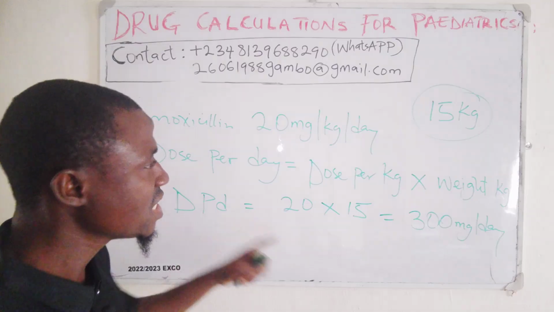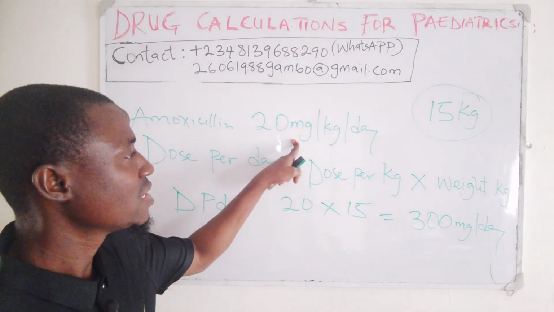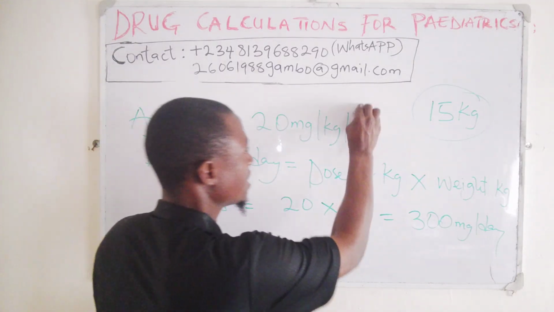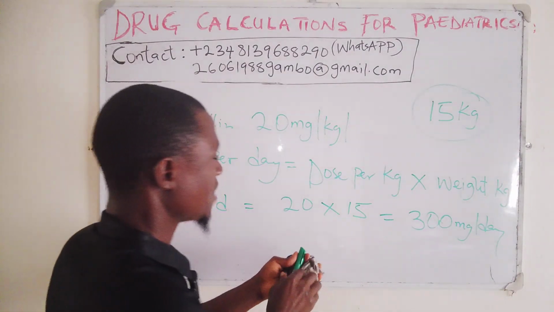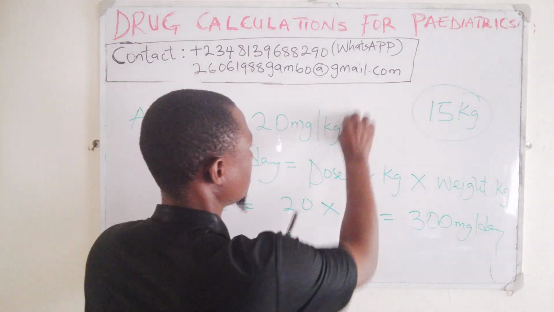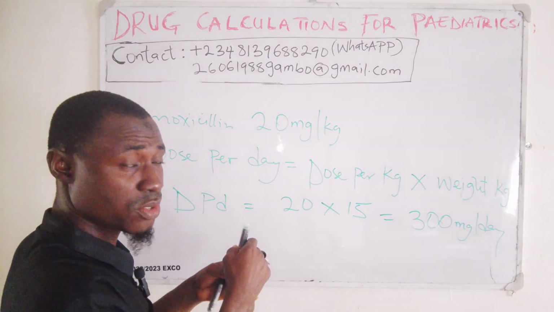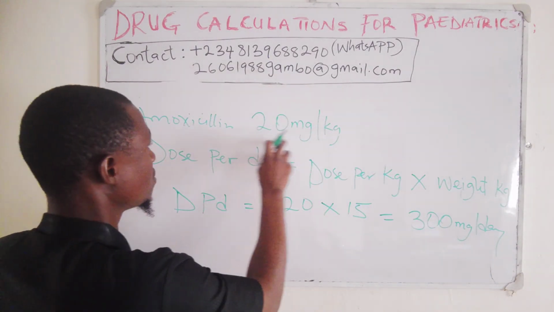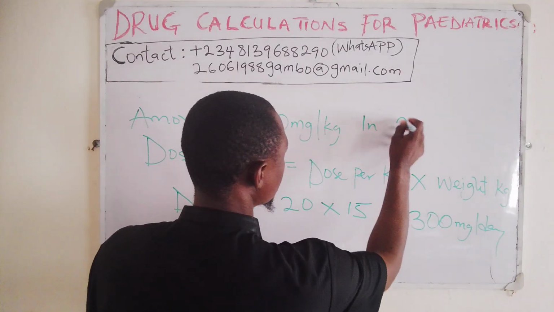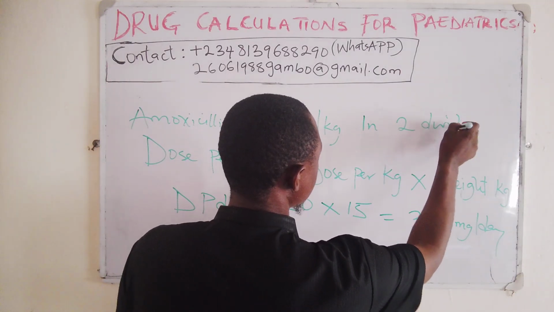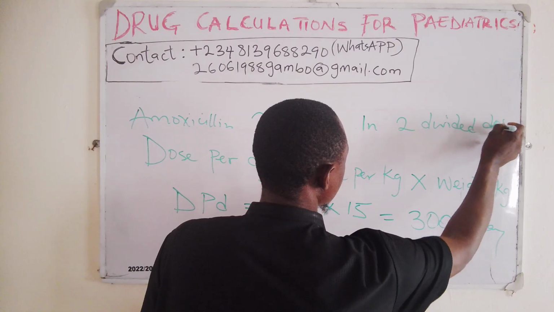Now, what if the order continues like this, using this same drug as an example, in 2 divided doses?